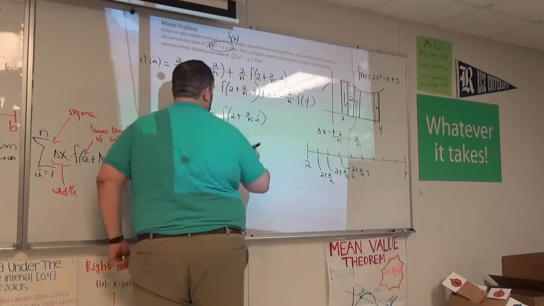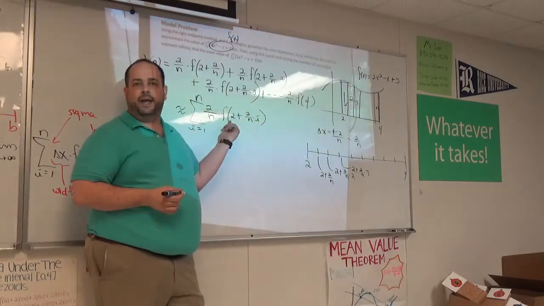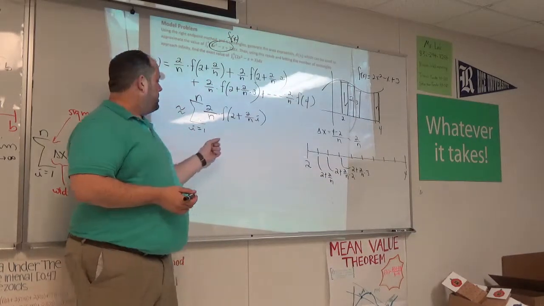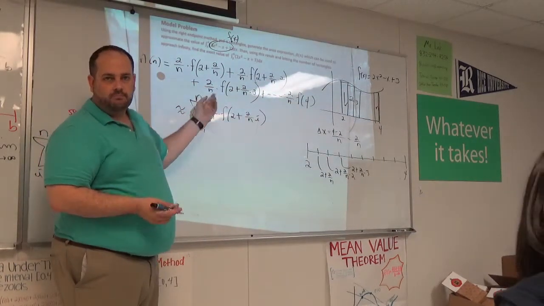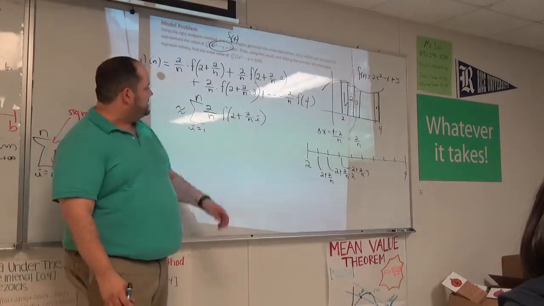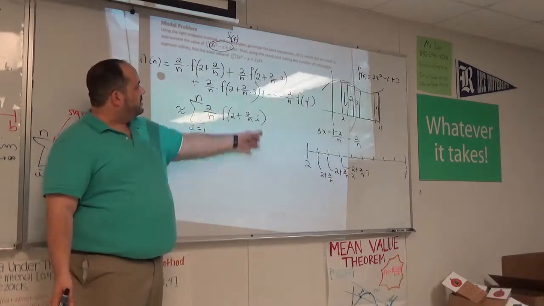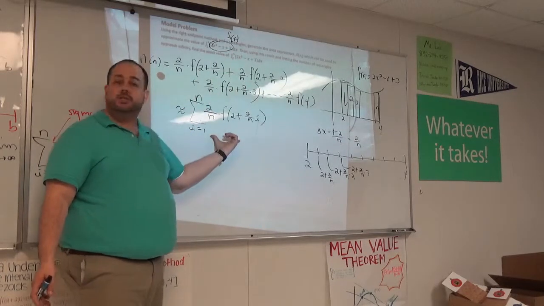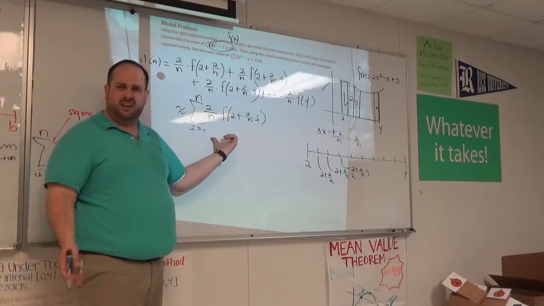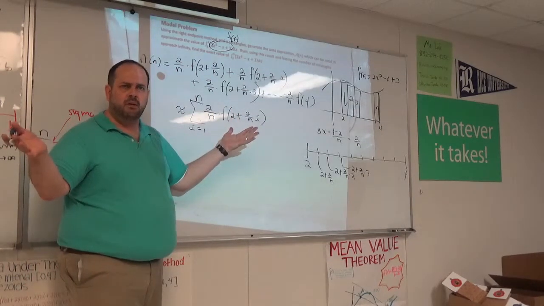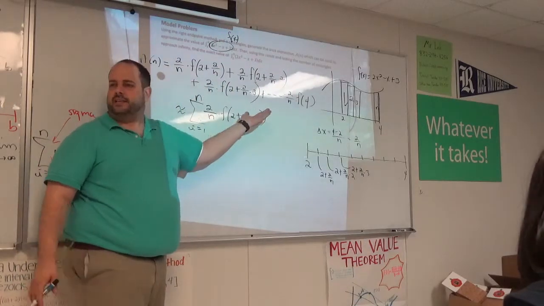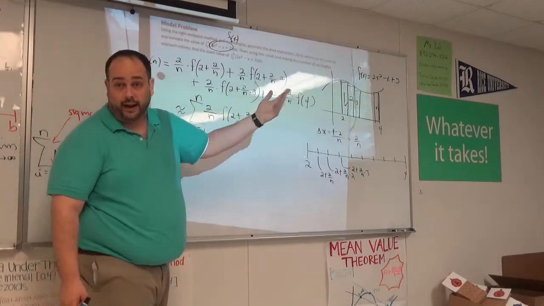Okay, you can also write it as f of 2, my initial value, plus 2 over n times i, where my counter goes from 1 to n. We're okay?